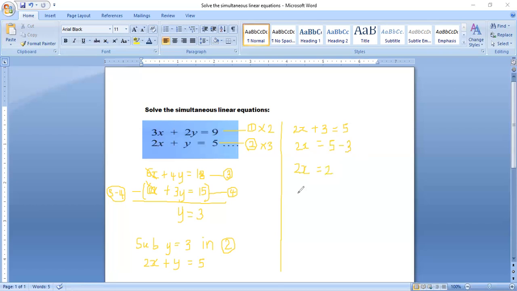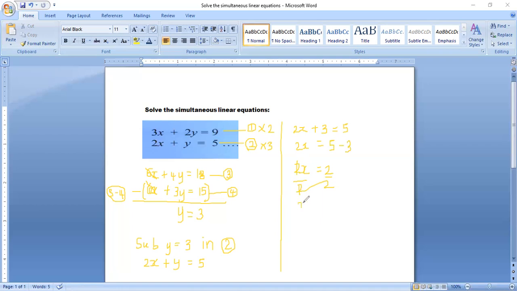Almost there. So now 2 is being multiplied by x, so we're going to be dividing by 2. What you do to one side, you'll do to the other. So we'll have 2 here being canceled on the left-hand side.